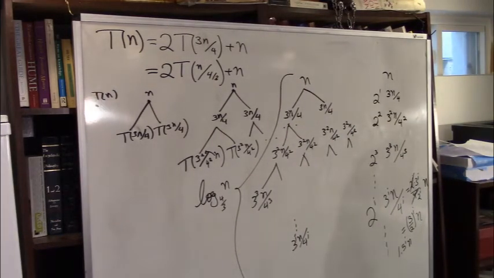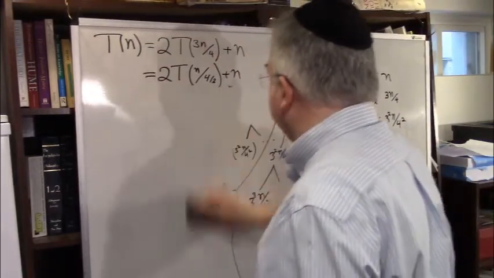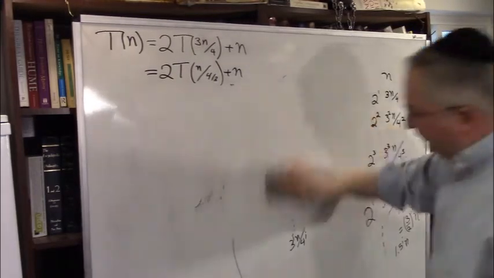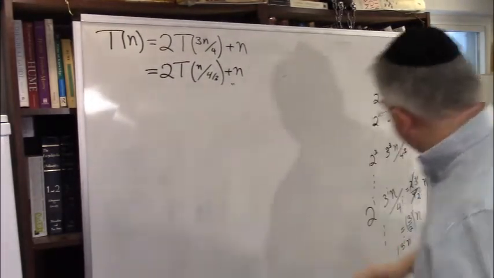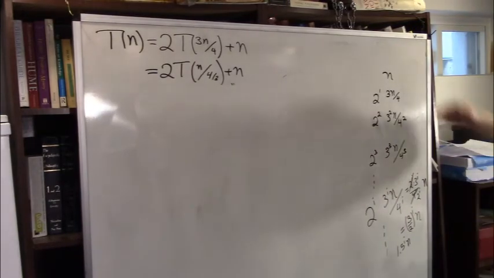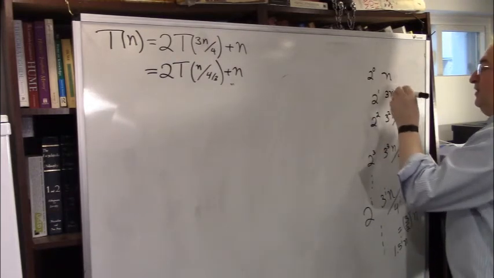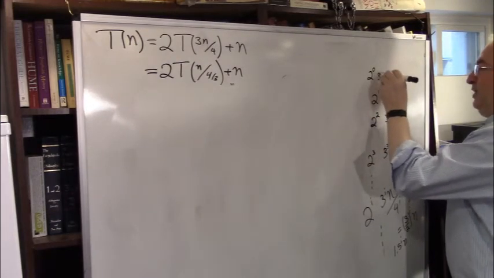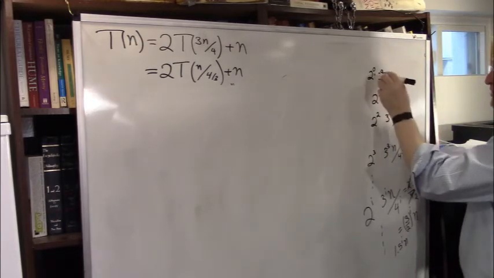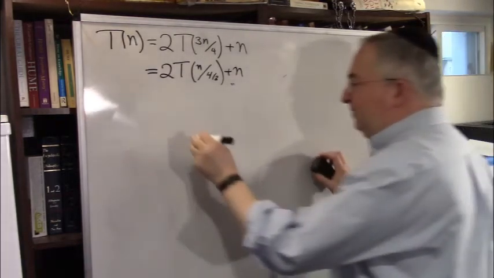Now let's find our eraser and let's sum it up. So I showed you what every single layer is equal to. Every single layer is equal to 1.5 to the i times n. That's it. Oh, by the way, the first layer is 2 to the 0 times 3 to the 0 divided by 4 to the 0. That's another way of saying n. So let's sum it up. You ready?